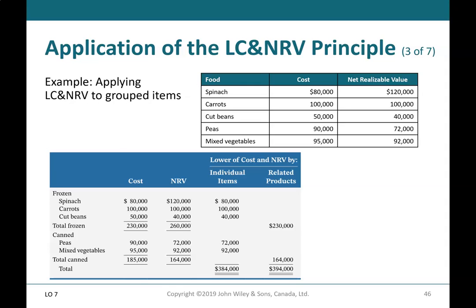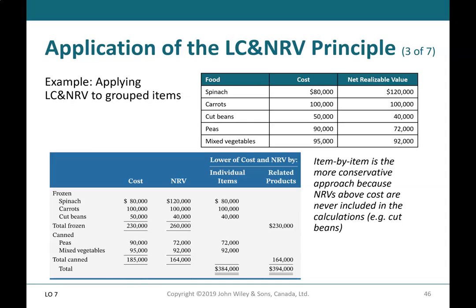So if we did this just on related products, doing frozen and canned instead of individual products like we did in the last example, we would pick the cost for total frozen, and then we would pick the net realizable value for total canned.